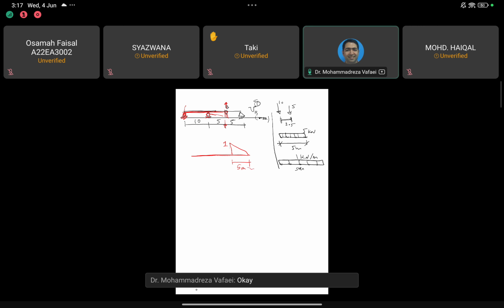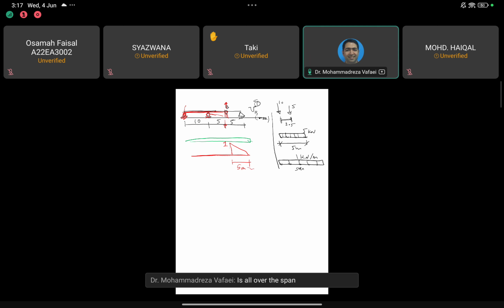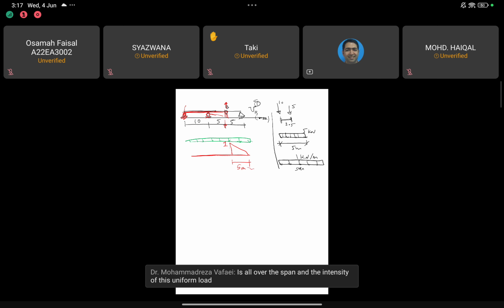Now we need to decide where we should put our loads. The uniform load, again, is all over the span, and the intensity of this uniform load is 1 kilonewton per meter.